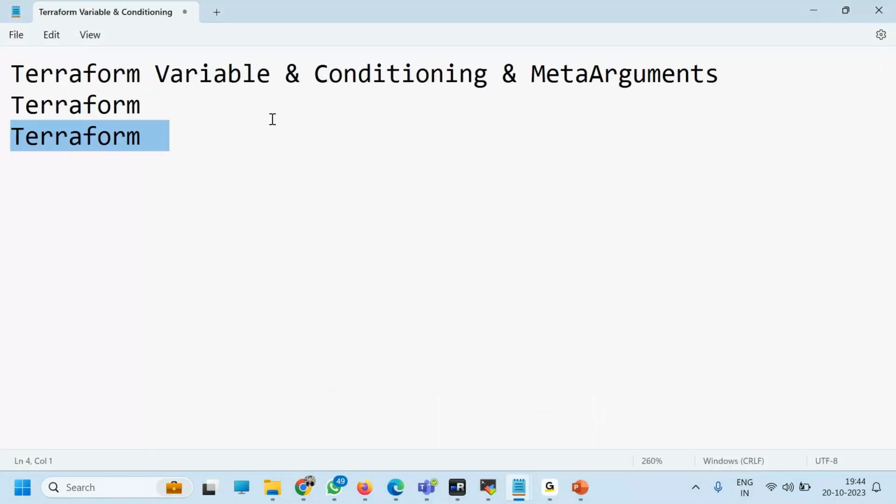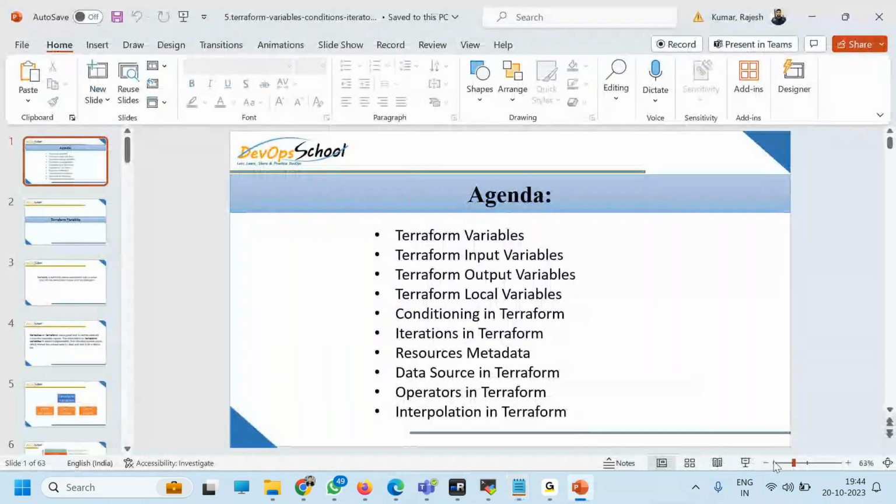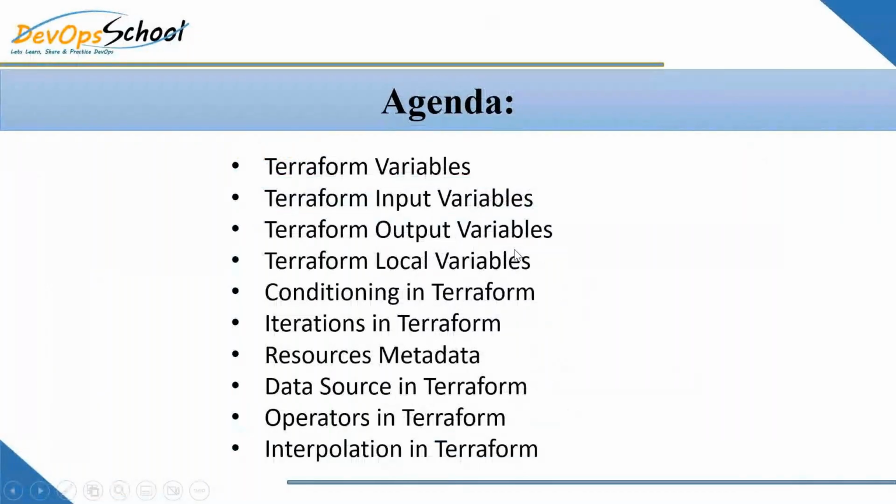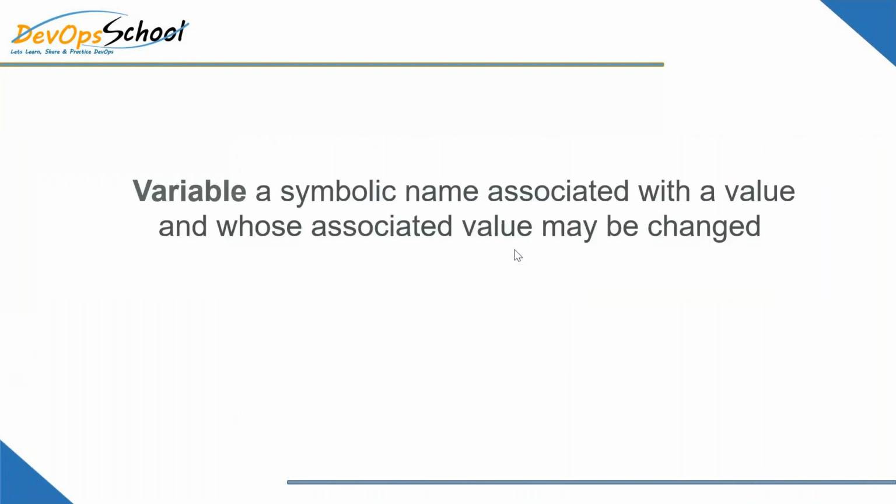Okay, so Terraform variables. When you are coding, of course, variables will come into the picture. Say you have option one: you have some values which you want to place at multiple places, the same value, so you are placing duplicate values.